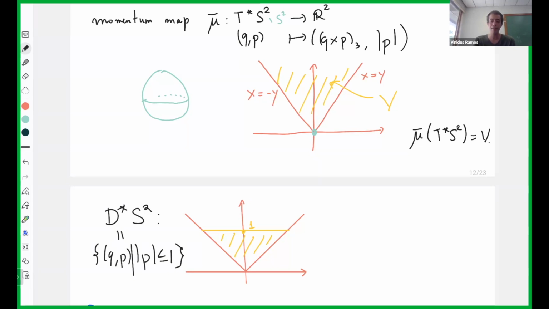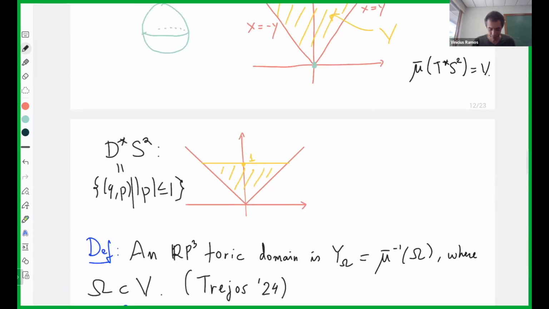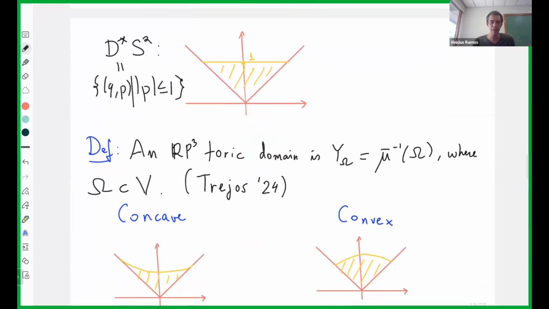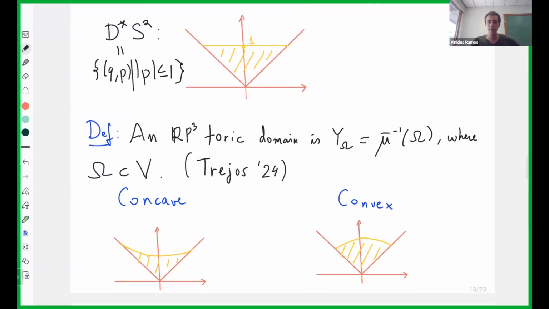So we can define RP3 toric domains. That's what I'm calling an RP3 toric domain. I don't know if there's a better name for it, but for now I'm going to call it that. It is the pre-image of a region in this cone V by this moment map mu bar.